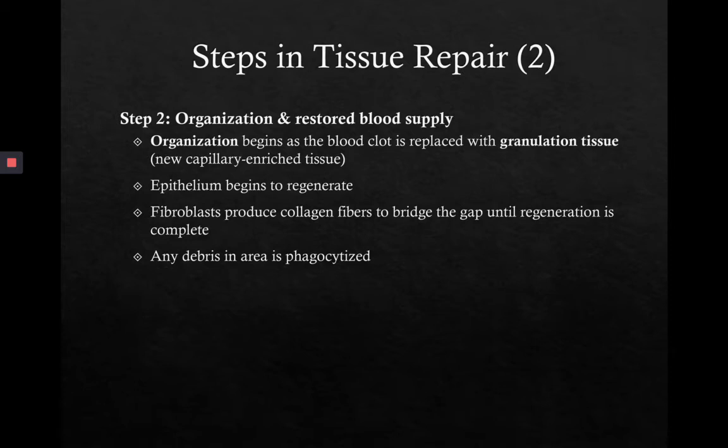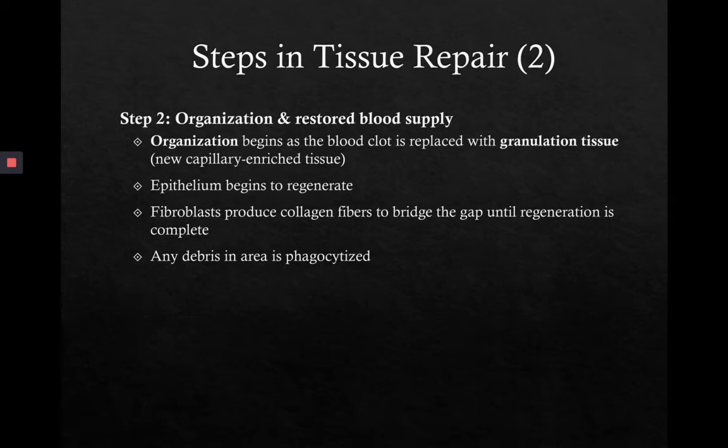So eventually the blood clot will be replaced by granulation tissue. Granulation tissue is generally considered also scar tissue, so maybe it might be regenerative cells. Epithelium will begin to regenerate in areas where it can regenerate. Granulation tissue is found more in tissues that have poor regenerative capabilities.